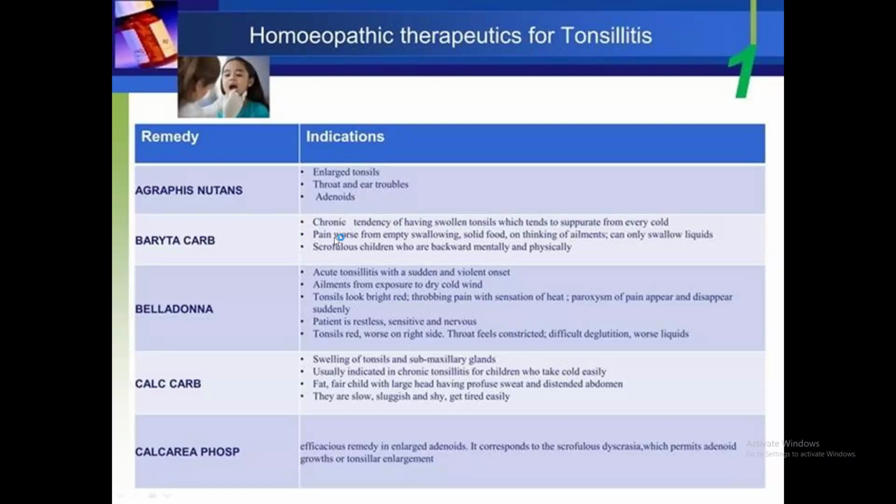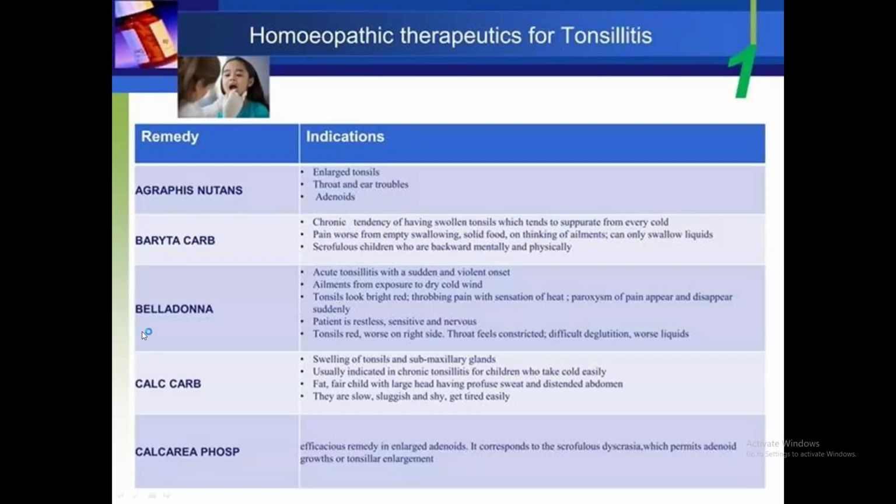Then there is severe pain which is worse by empty swallowing, solid foods, or thinking of them, can only swallow liquids. These are scrofulous children who are backward mentally as well as physically. So Baryta carb is a very wonderful remedy which is given in cases of tonsillitis as well as adenoids.